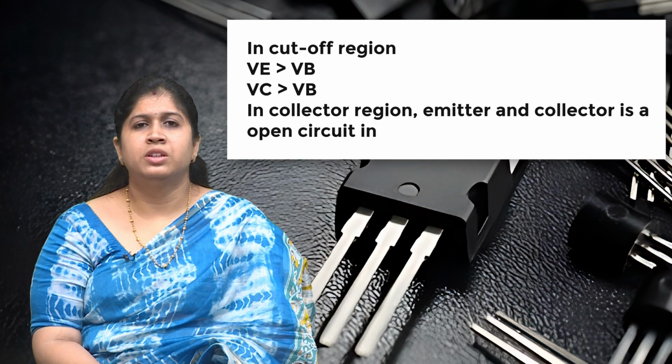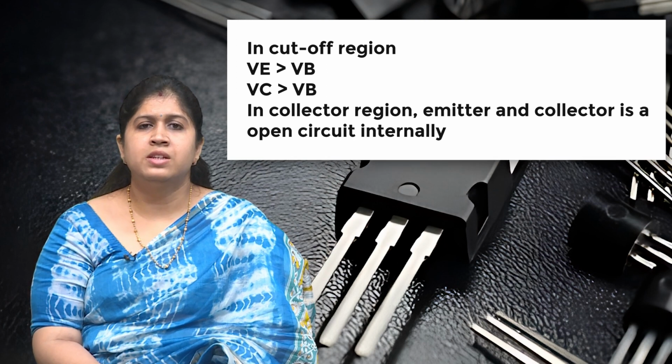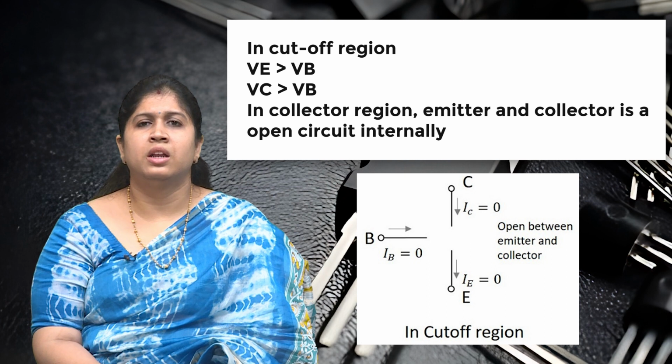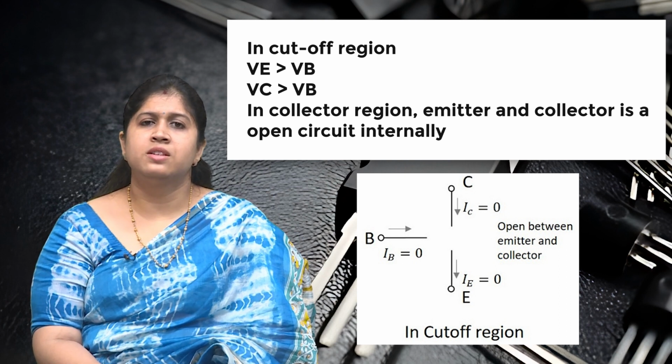In the cutoff region, VE is greater than VB and VC is greater than VB. In the cutoff region, the emitter and collector are an open circuit internally. In this figure, IB equals 0, IC equals 0 and IE equals 0.